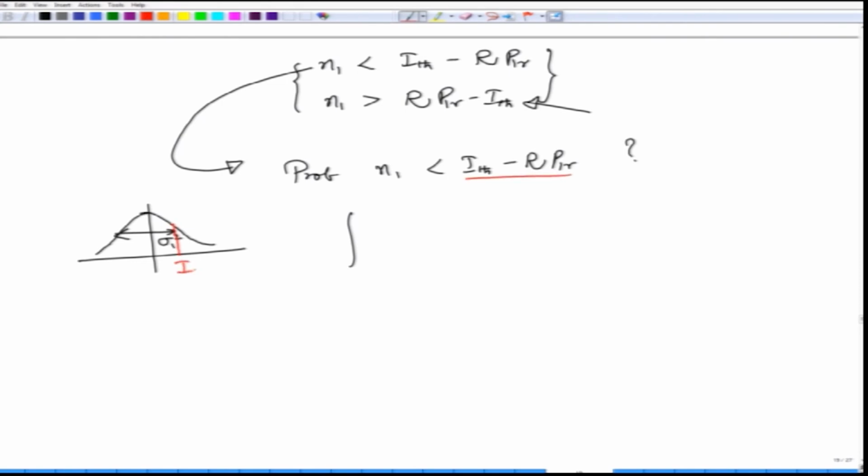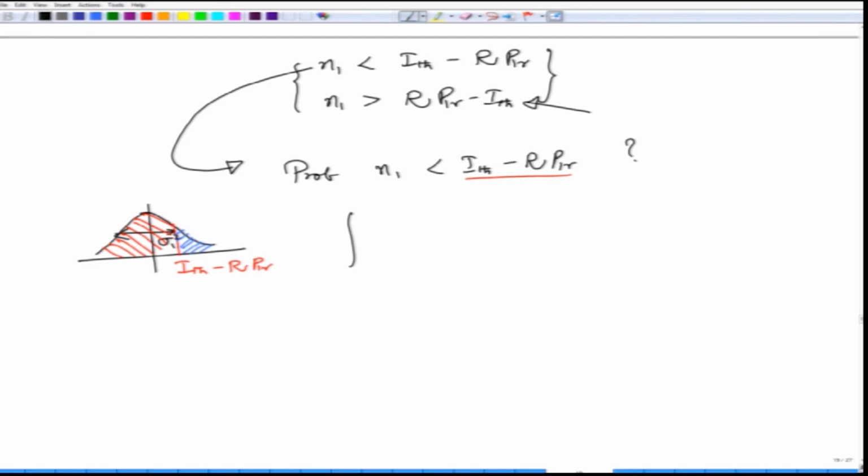So, let us call this value I_TH minus R P1R, and you are looking for the area under this one. But area under this is equivalent to finding the area here, right, and then subtracting from 1. So, the area in the blue lines is 1 minus the area of this.